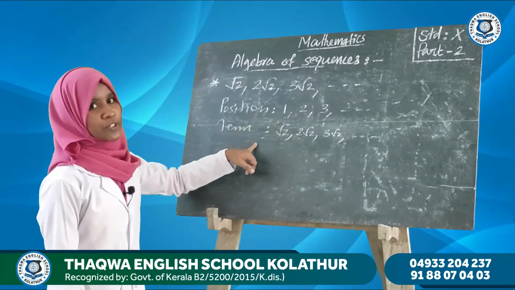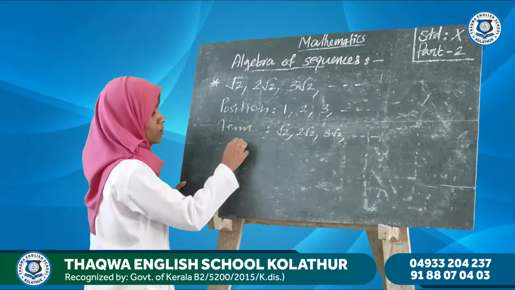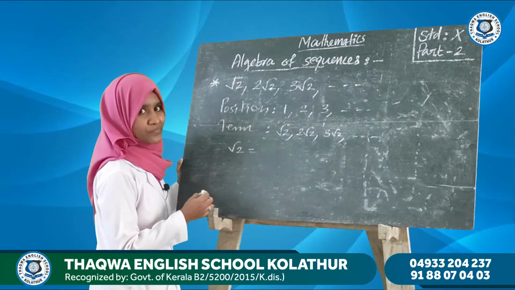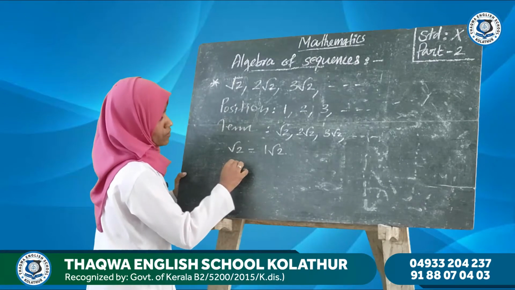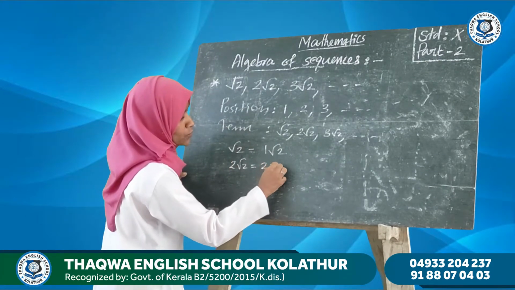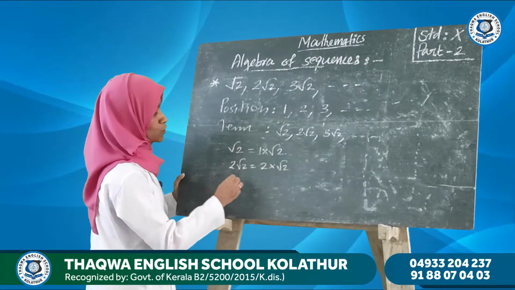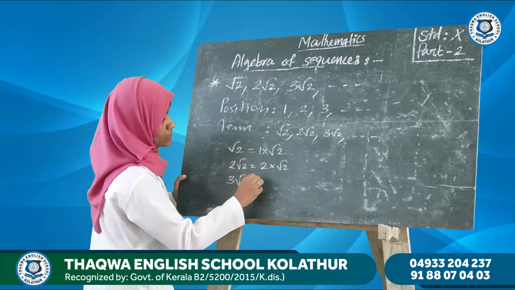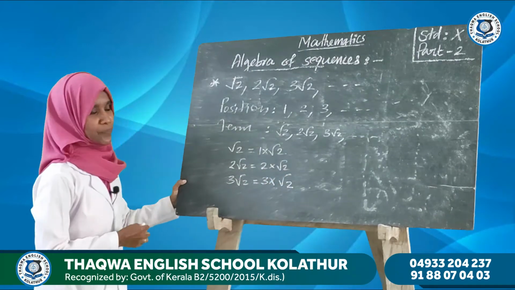Then what is the relation between position and term? 1 root 2 is 1 into root 2. 2 root 2 is 2 into root 2. 3 root 2 is 3 into root 2.